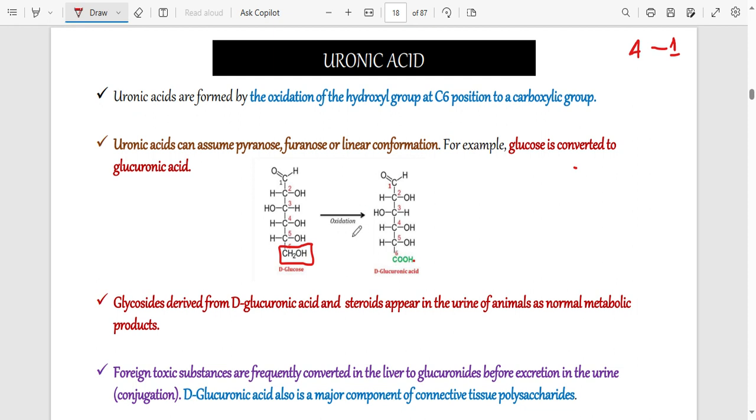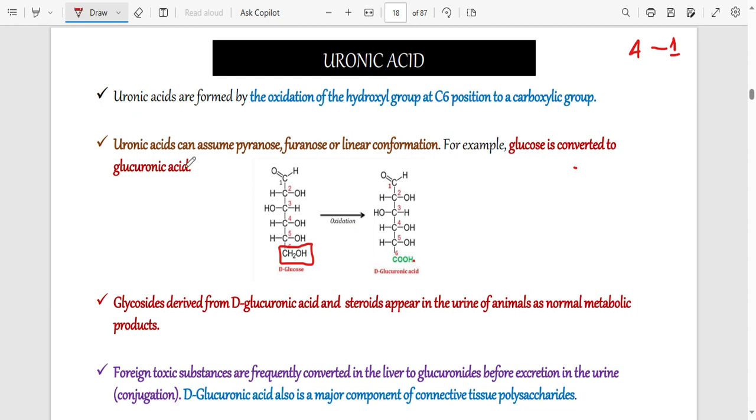For example, you can get glucose, you oxidize it at carbon number 6, it becomes glucuronic acid. So what did we do? From the word glucose, we removed the OSE at the end, and then we put the word uronic.